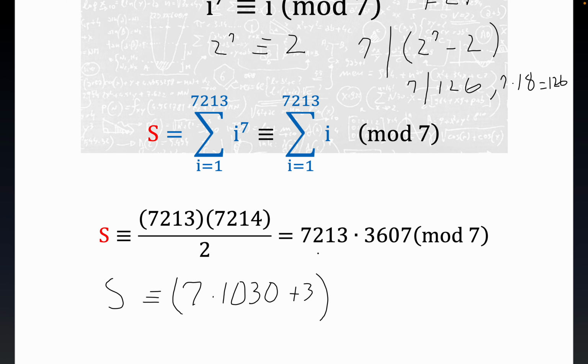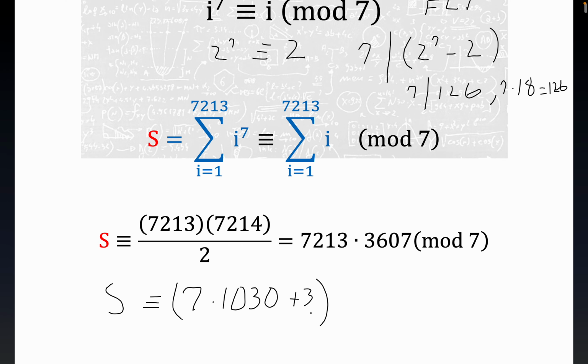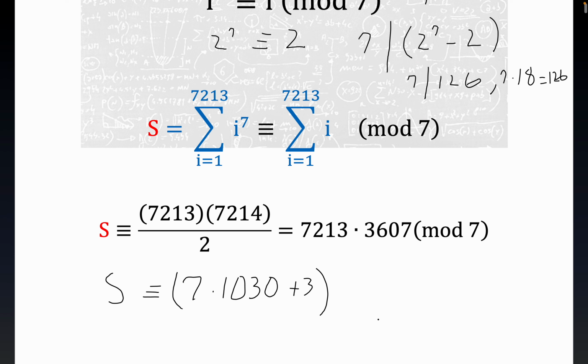Okay, folks, and again, we're just dividing this by 7 because any multiple of 7 is congruent to 0 mod 7, of course. No remainders on any multiple of 7, right?